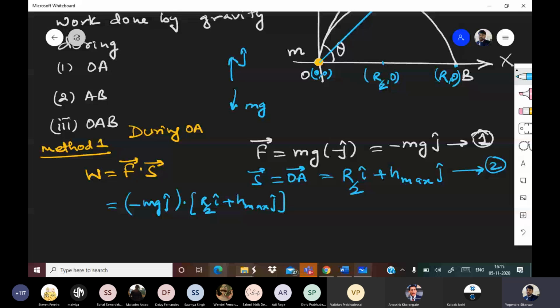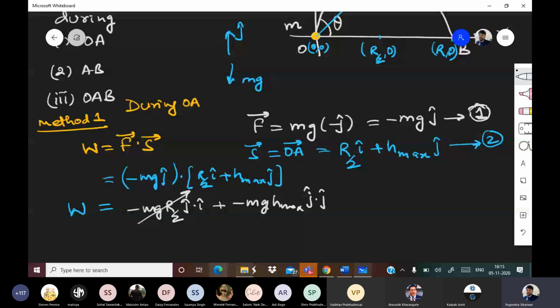So W will be, now J dot I will be 0, so minus mg into R by 2 J cap dot I cap plus minus mg into h max into j dot j. Okay, so j dot I will be 0 and j dot j will be 1.